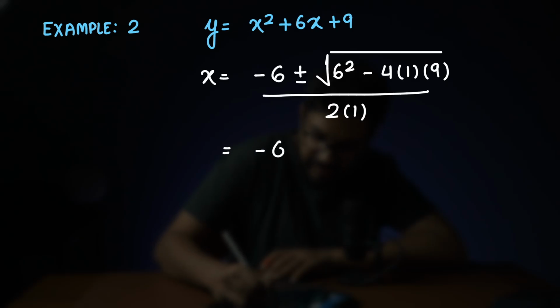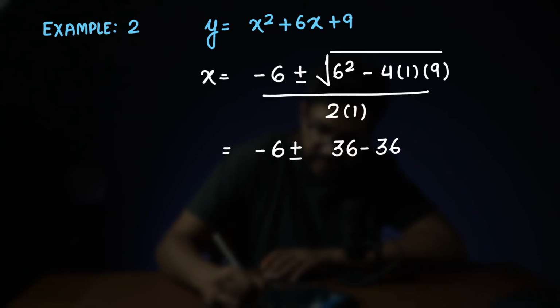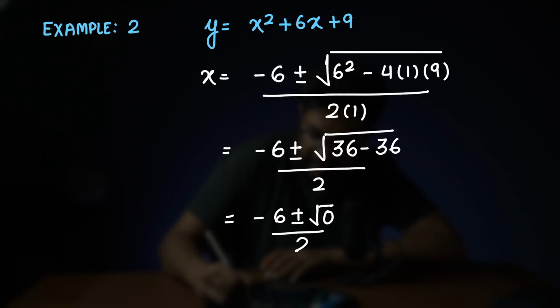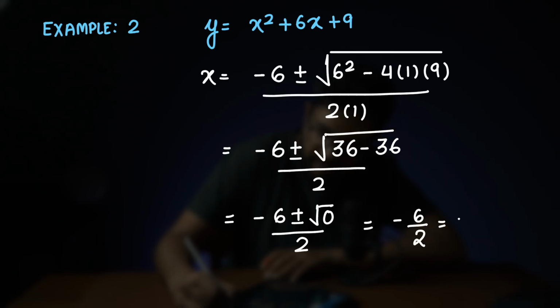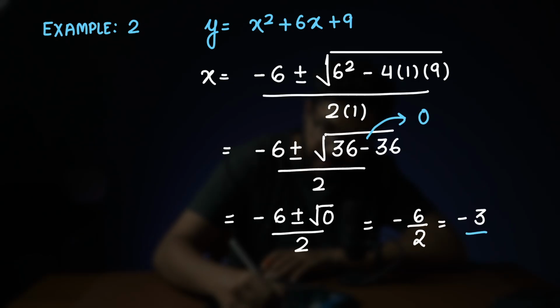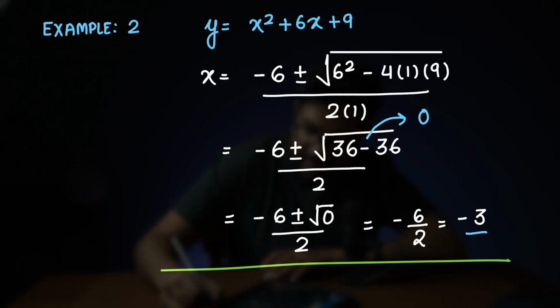So we get minus 6 plus minus root of 36 minus 36, divided by 2. So we get minus 6 plus minus root of 0, that is 0 only, divided by 2. So we get minus 6 upon 2, which is minus 3. Notice that in this case, the number inside the square root is 0 and we get only one solution.